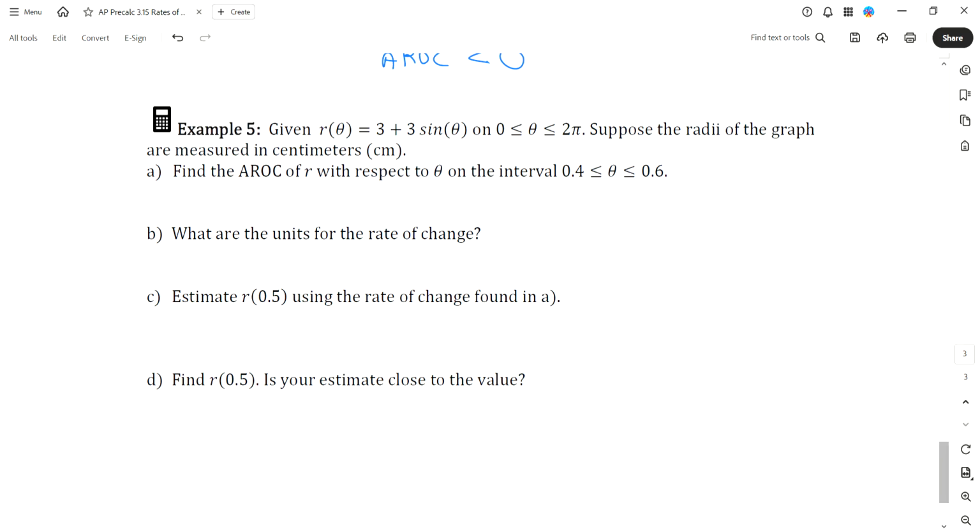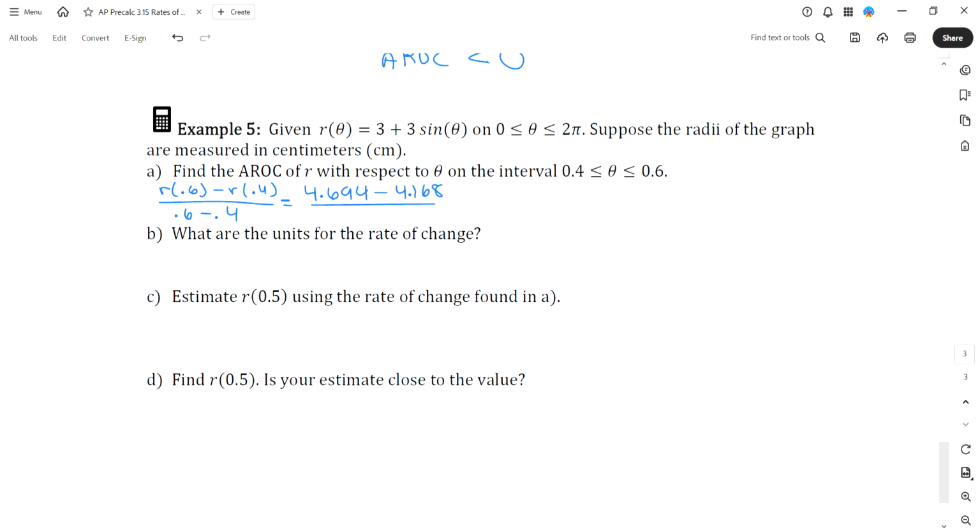So if I do r of 0.6 minus r of 0.4 over 0.6 minus 0.4, 3 plus 3 sine of 0.6 is 4.694 minus 3 plus 3 sine of 0.4, which is 4.168.